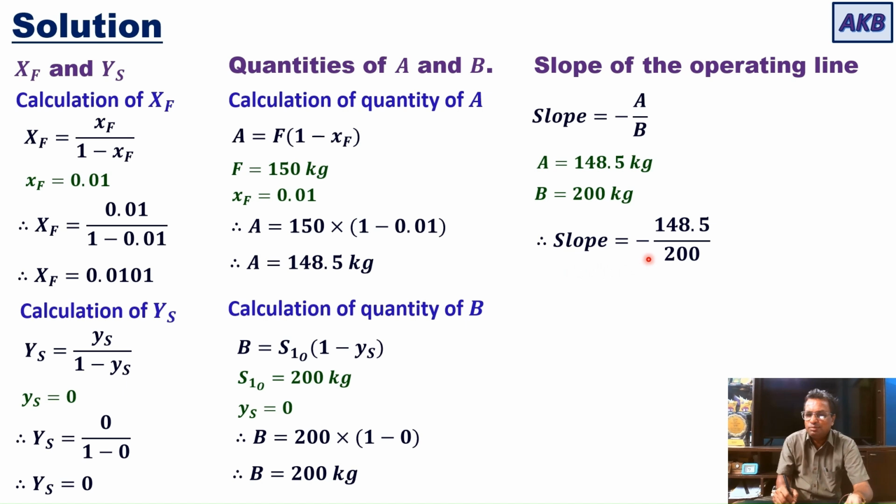Therefore, slope will be minus 148.5 divided by 200, that is, minus 0.74. So in this way, we get the slope of the operating line. We will be using it for plotting the operating line.